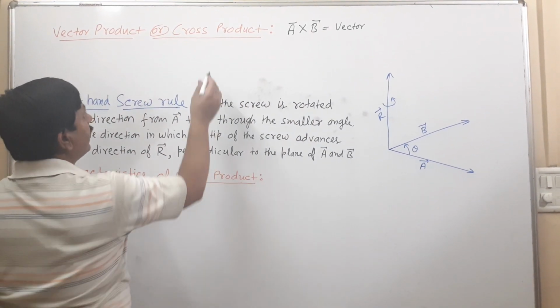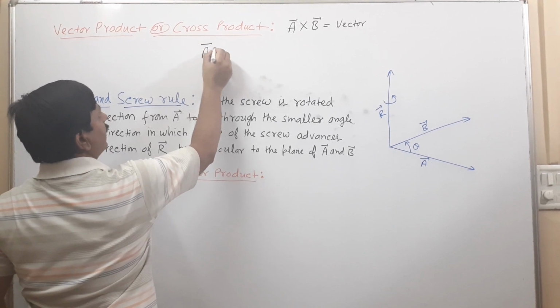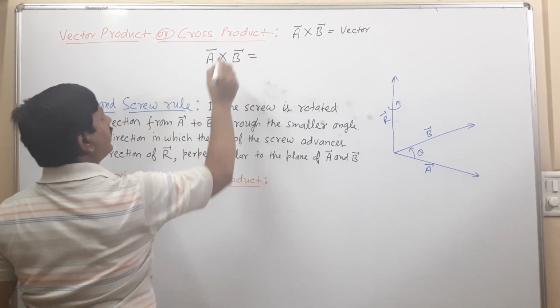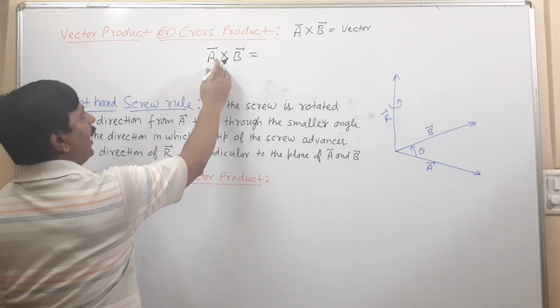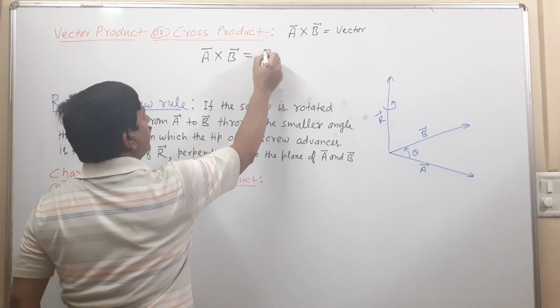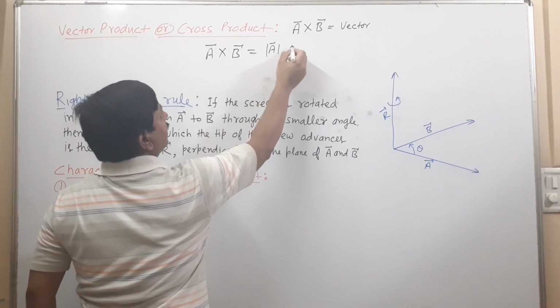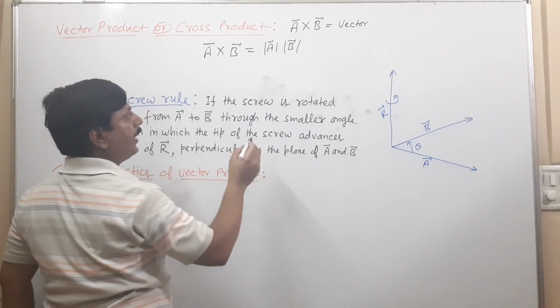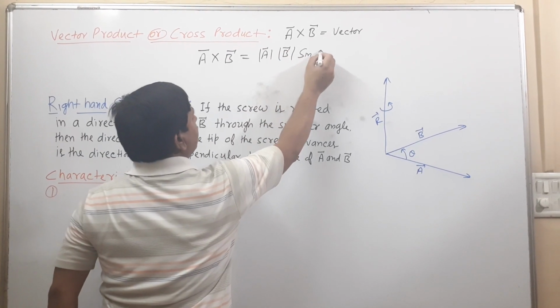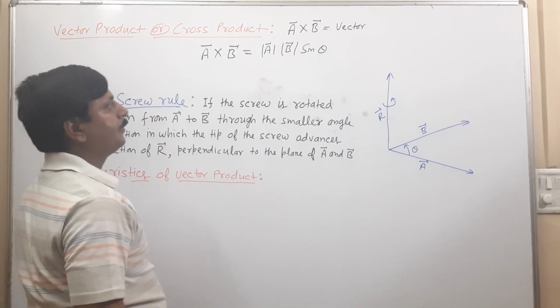So see here, what is the vector product? Vector product is defined as the product of the magnitudes and the sine of the smaller angle.